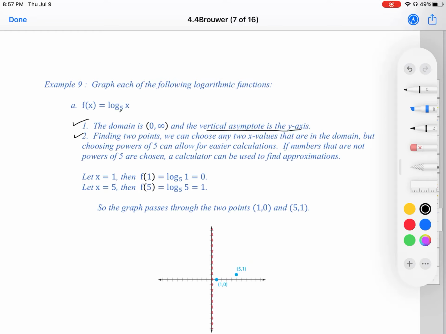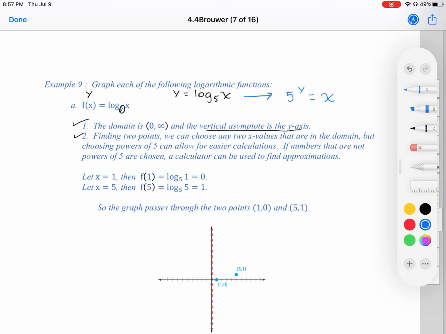So you see how I have a base of 5? So if we rewrite it, let's make this a y. Y equals log base 5 of x. If I rewrite it to exponential form, this would be 5 to the y power equals x.